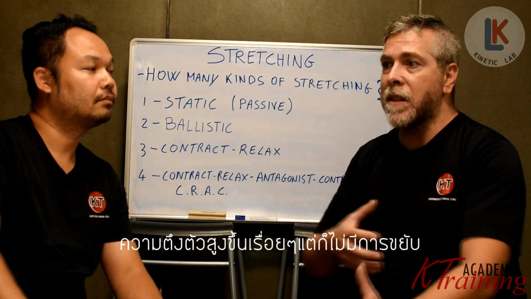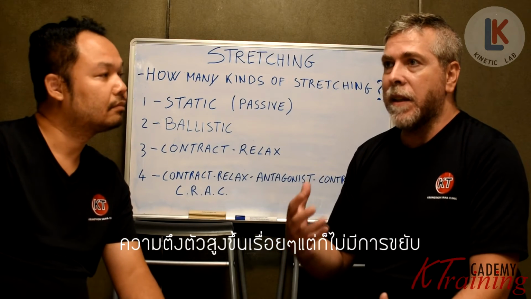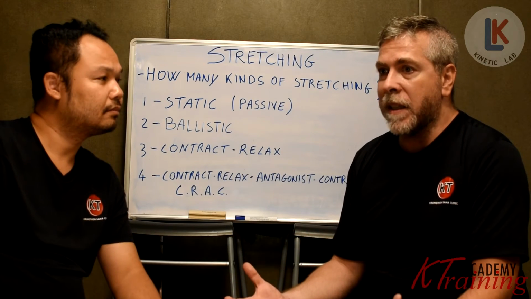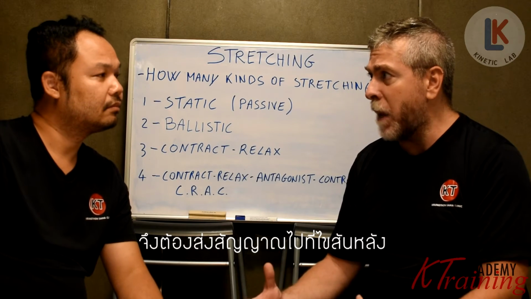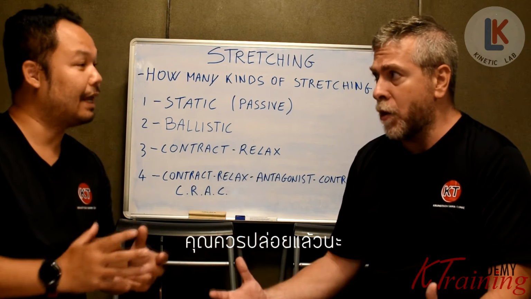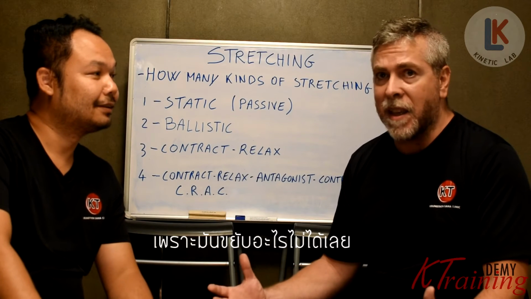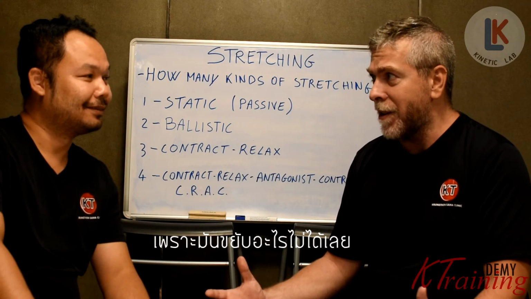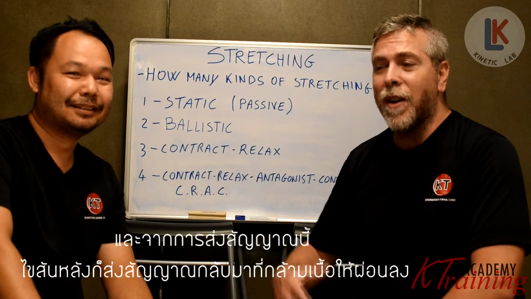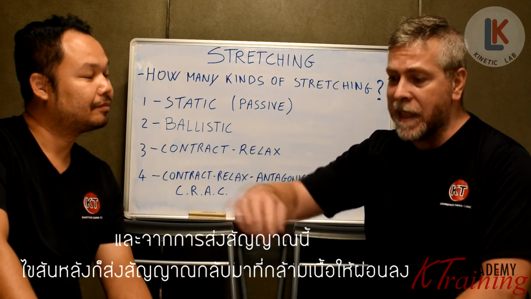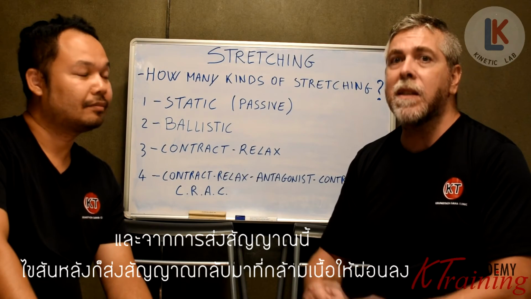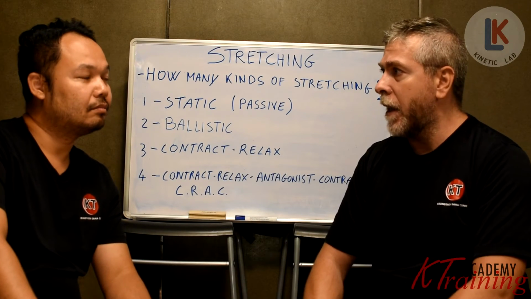The tension in the muscle increases and there is no movement, and so the Golgi tendon sends the message to the spine: hey, you need to relax, you need to let it go, nothing is moving here. And so the spinal segment sends the message to the muscle to relax.